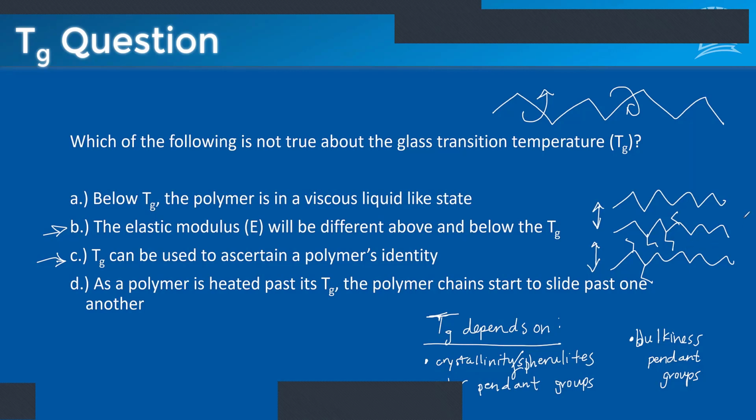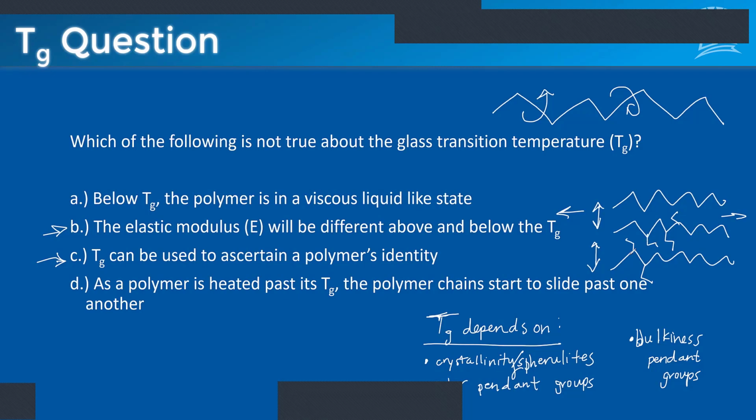So if you try to apply a stress or force to this polymer, if you've got no side groups, once you've broken any associations between the polymer chains, those polymer molecules are going to be able to slide past one another with relative ease. There's not really as much for the polymer chains to get stuck on, in other words.